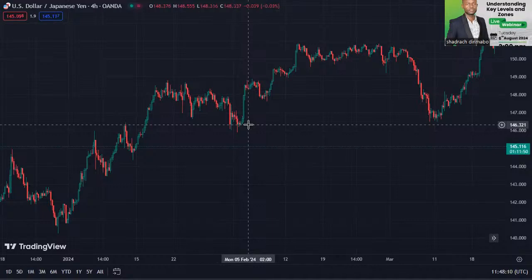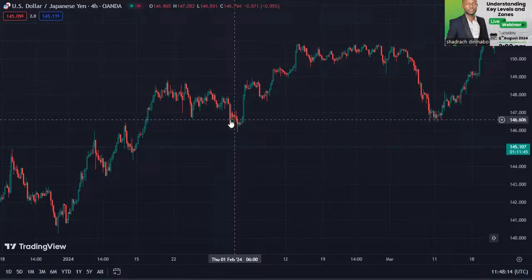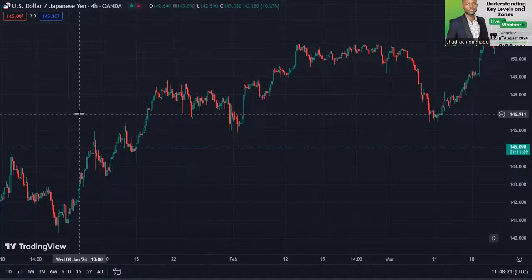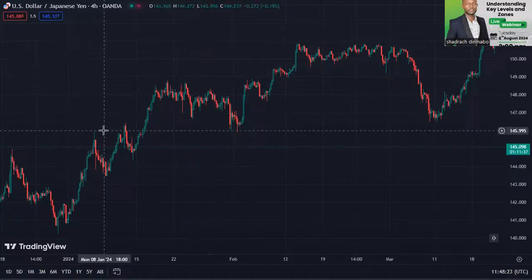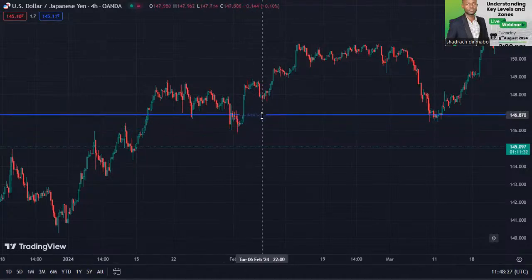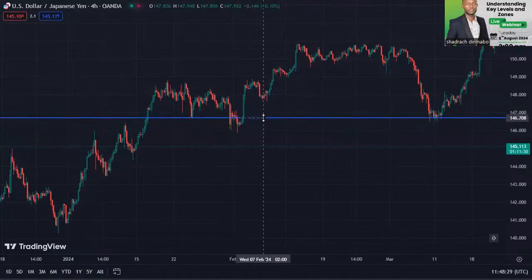Now, as we said earlier, we are talking about points that have been acted upon as both a support level and a resistance level. Okay, so let's say this point here, let's say we are trying to map it out.